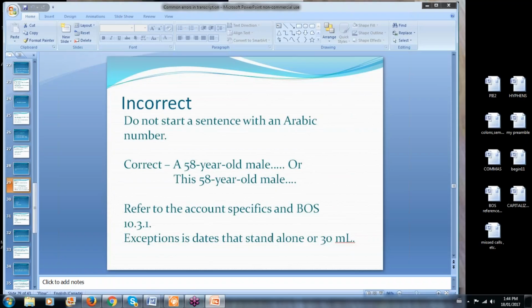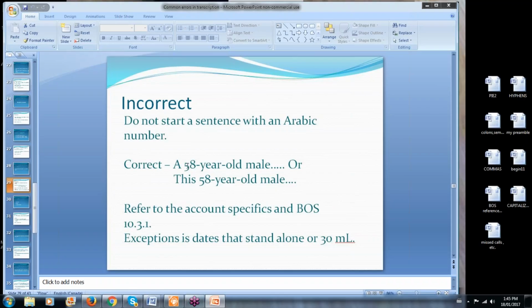Exceptions are dates that stand alone, or if estimated blood loss was a heading, and then they said 30 ml, it's okay to put 30 ml. Or if date's a heading, and then they give a date underneath it, that's fine too.